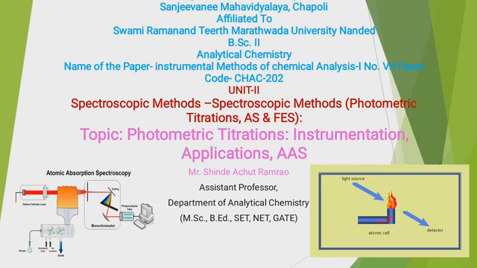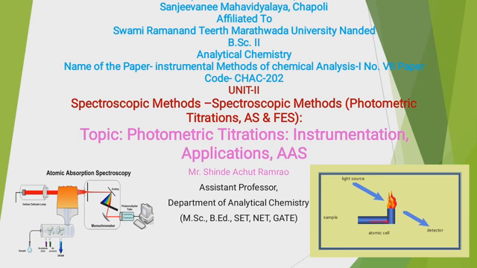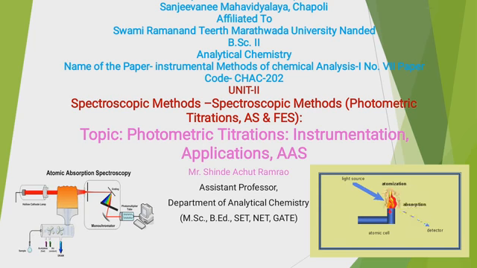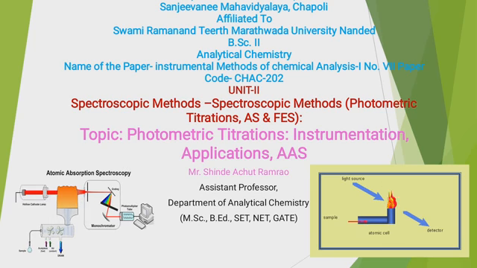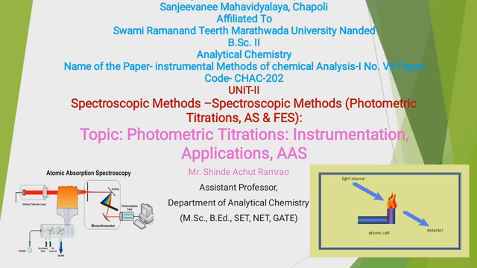Then we obtain different absorbances for the different concentrations, and we plot the graph accordingly. In the first case, only the reactant absorbs, and the titrant does not absorb, and the product does not absorb.